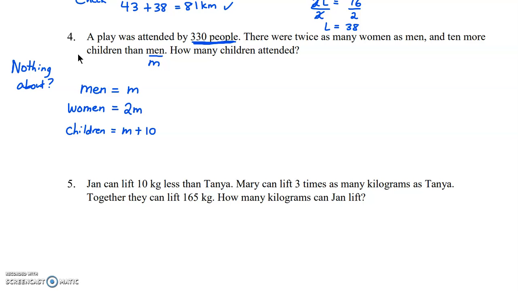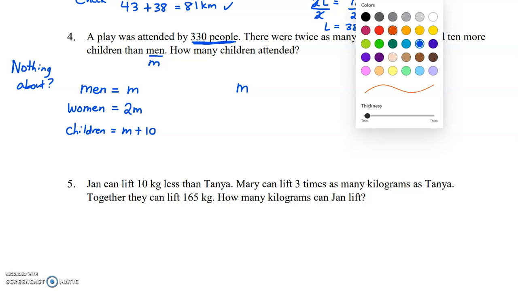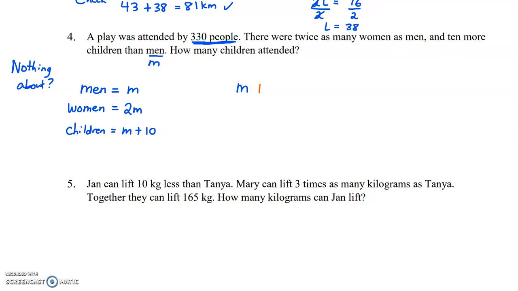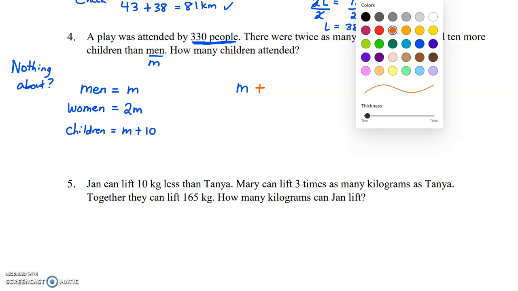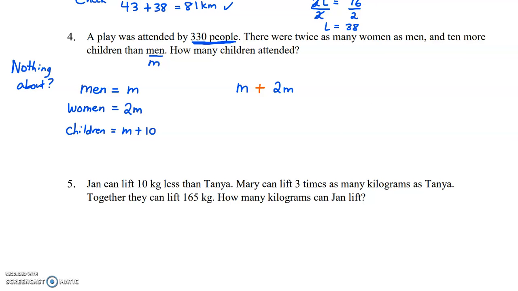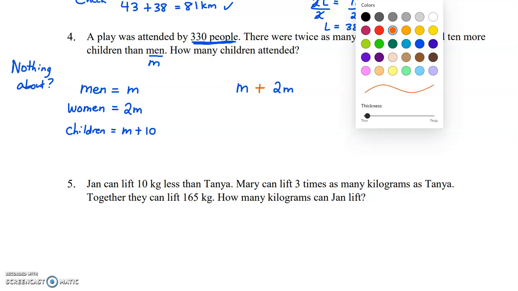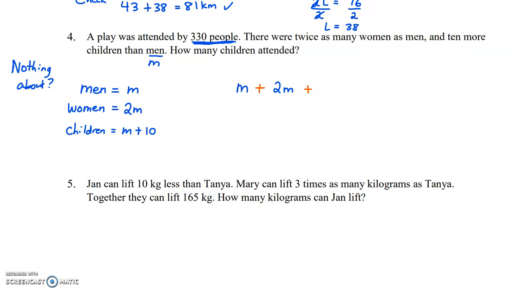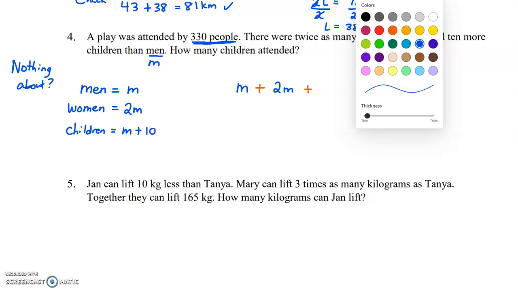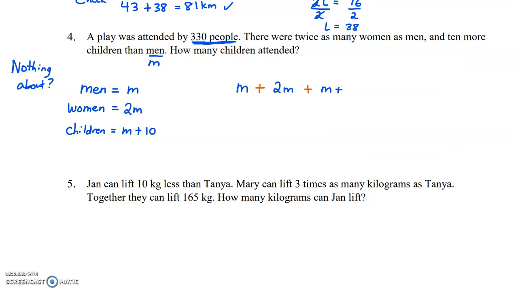So let's set this up. So the men, and I'm going to change my colors just to show. Some people use brackets. I prefer not to. The men plus the women plus the children equals the total number of people, which is 330.